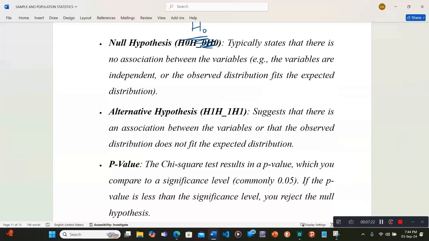Then the alternative hypothesis, H1, suggests that there is an association between the variables, or that the observed distribution does not fit the expected distribution.